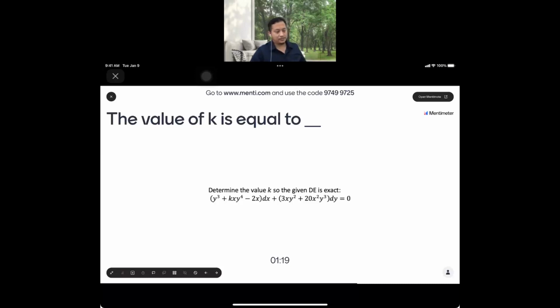Okay, we have this equation. What will be the value of k? I think you need to do some partial derivatives. Hope you still remember that.